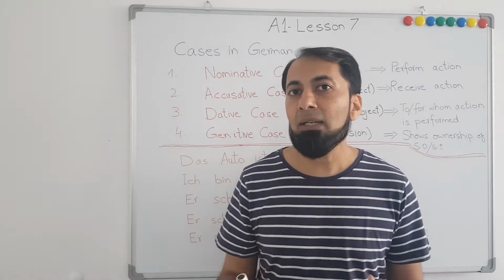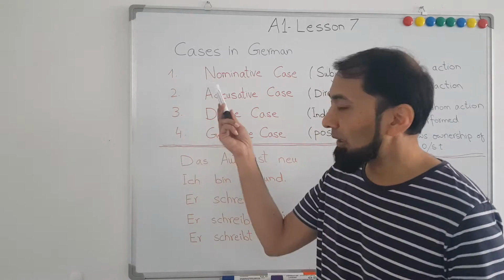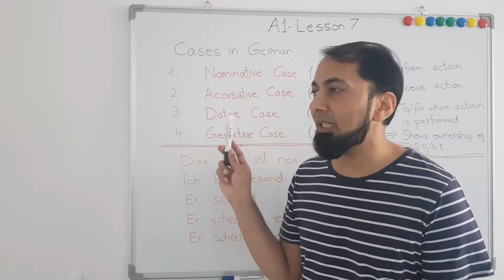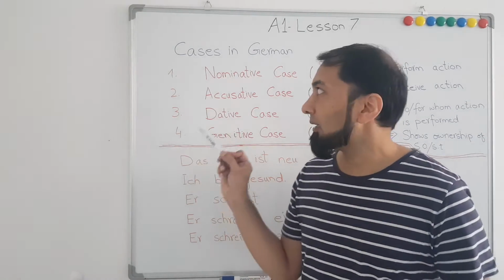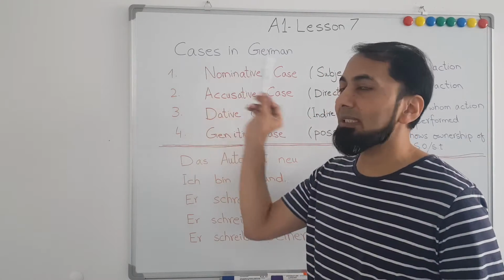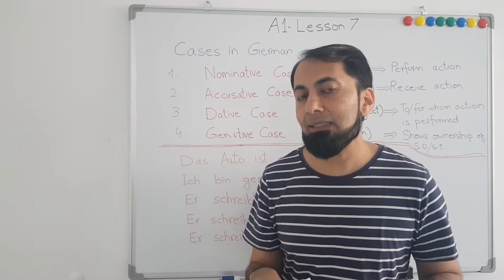These are not the tenses that we have in the English language. The tenses are completely different. There is no similarity between cases and tenses. So the cases, as I said, are the parts of each sentence.